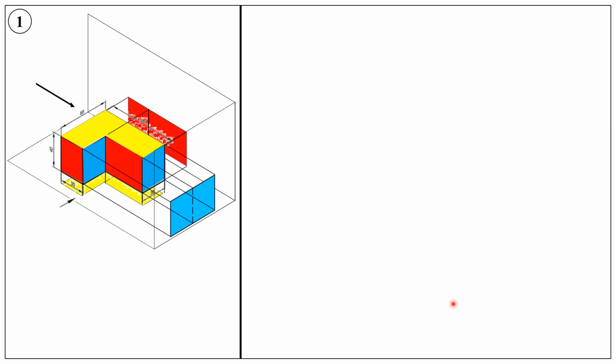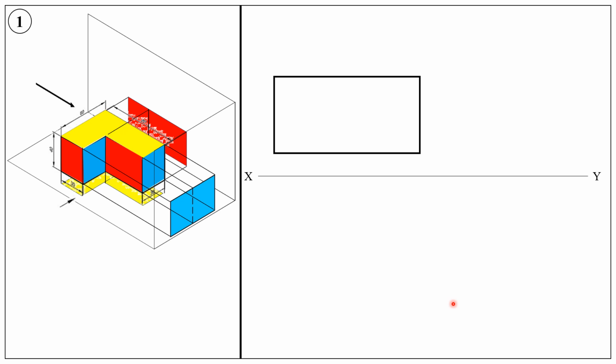So how to draw the three views in your drawing sheet? As usual, draw the XY line and try to complete the front view. So it's a rectangle and we need to draw a vertical line.